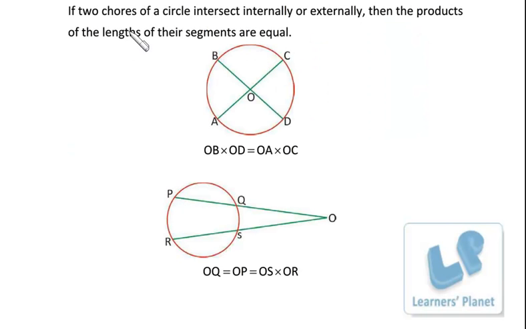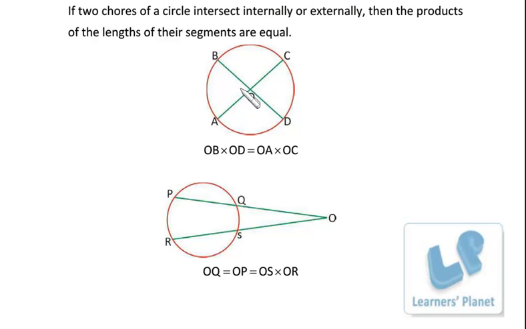Now next: if two chords of a circle intersect internally or externally, then the products of the lengths of their segments are equal. Here the two chords AC and BD are intersecting internally, maybe at the center, maybe not; O is not necessarily the center.